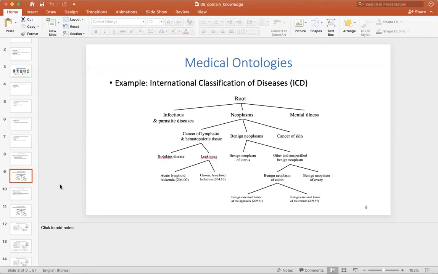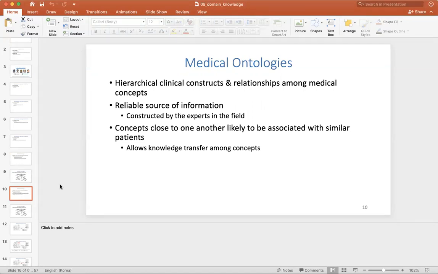So this is a subset example. The reason that we propose to rely on medical ontologies is, first of all, it's a reliable source of information because it's constructed by the experts in the field. It's the actual doctors who got together to label all kinds of different diseases and then structure them in a very particular way.